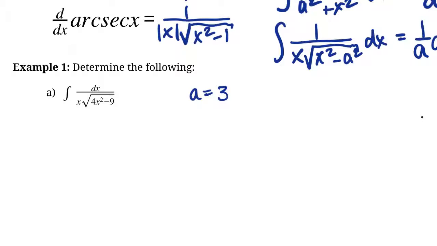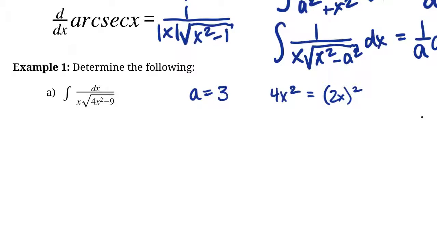Because if you plugged in 3 into this pattern, we'd get the 9. What happens with the 4x squared? Well, I'm going to make a substitution because it doesn't just look like x squared, it looks like 4x squared. And in that substitution, the thing that makes sense is to look at it like this. 4x squared is equal to what squared?